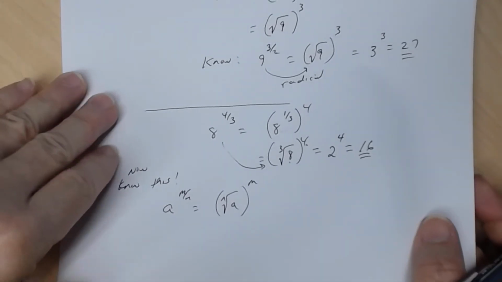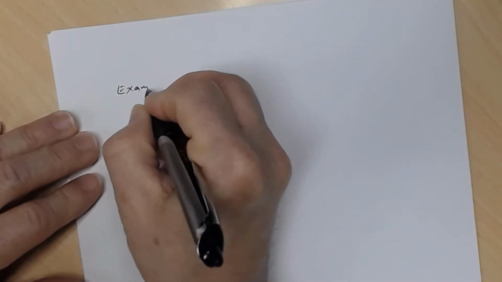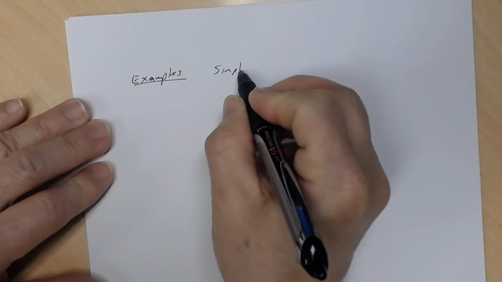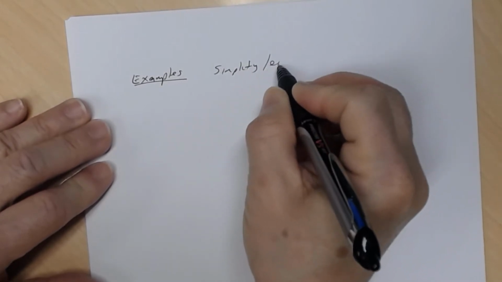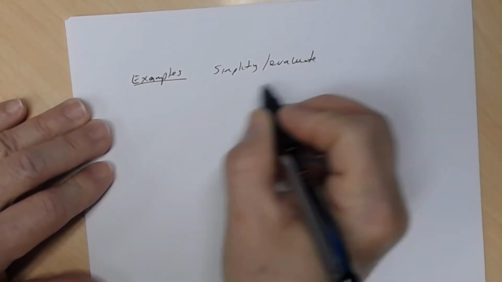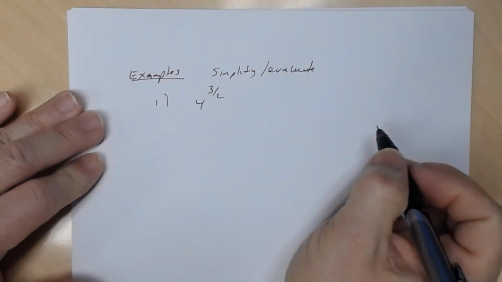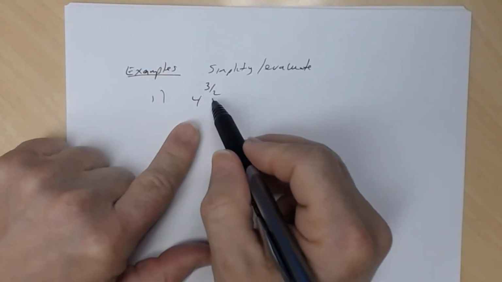All right. So now let's do these examples. Example 1. We're going to simplify, evaluate. Number 1: 4 to the 3/2 power.